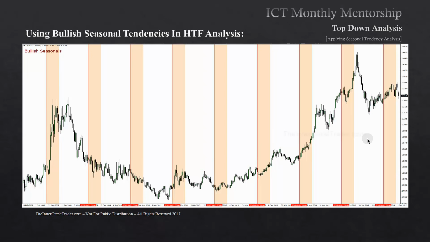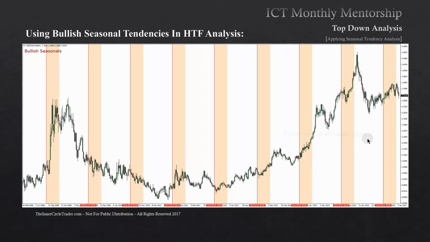Seasonal tendencies are absolutely a barn burner for delivering what you should be doing for each quarter of the year. In this case, you have a loaded deal. If you're looking for a buying opportunity for US CAD, it's between September and getting close to Christmas every single year when the market's predisposed to go higher.